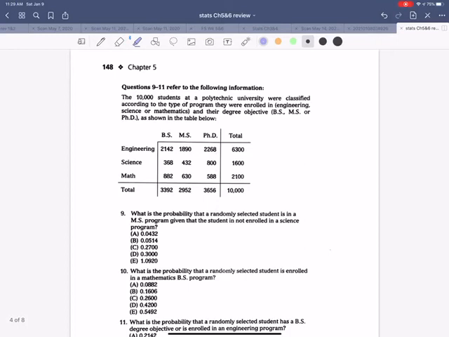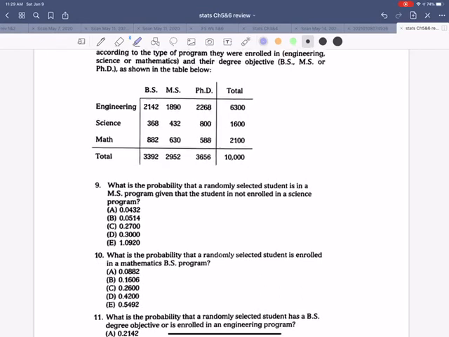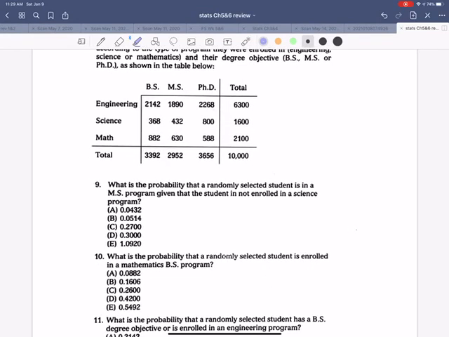Let's look at 9. The 10,000 students at Polytech were classified according to the type of program enrolled, and their degrees as follows. What is the probability that a randomly selected student is in an MS program, given that the student is not enrolled in a science? Okay, so only looking at these 840 students. How did I get that?